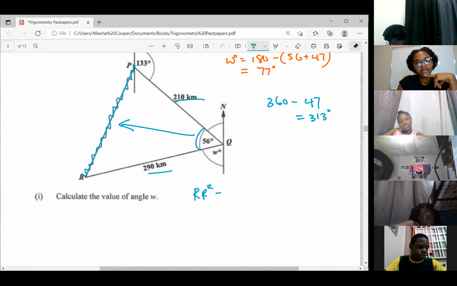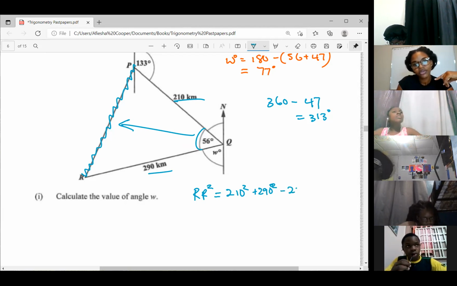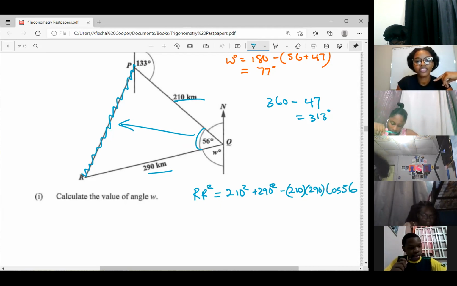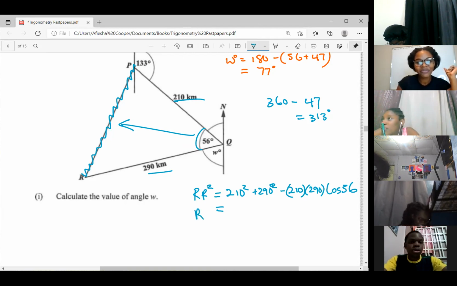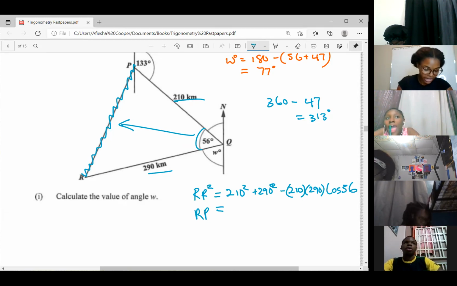RP squared is equal to 210 squared plus 290 squared minus 2 by 210 by 290 by cosine what? 56. And what's the answer for RP when we square root? 245.18?